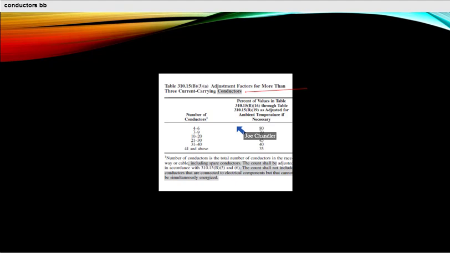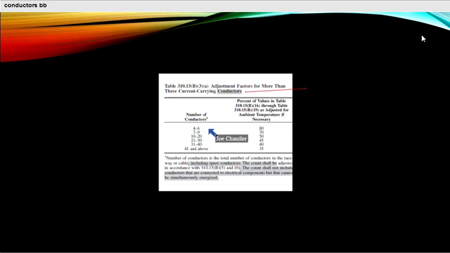So as we pack more and more conductors in there, not only do we have more heat being generated, but also less opportunity to dissipate or get rid of that heat. So this is why we have to, again, correct, derate, adjust, discount, whatever you want to call it, the conductor.